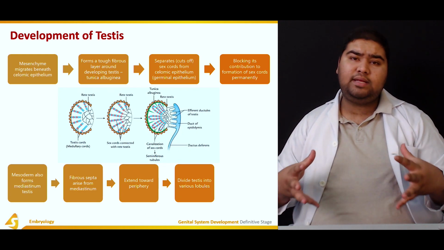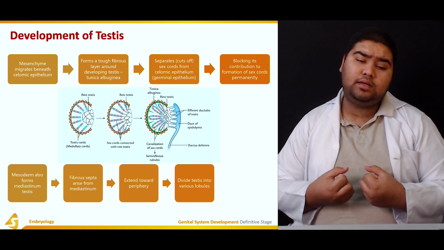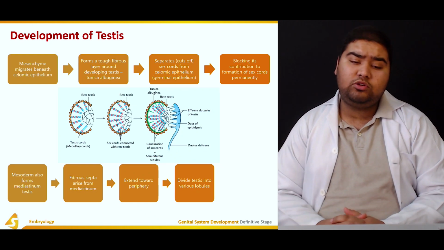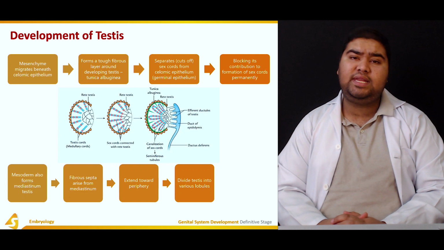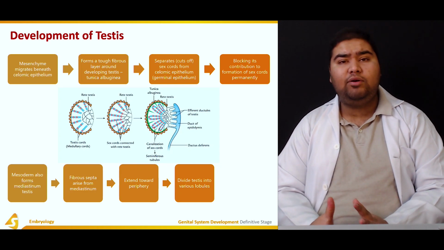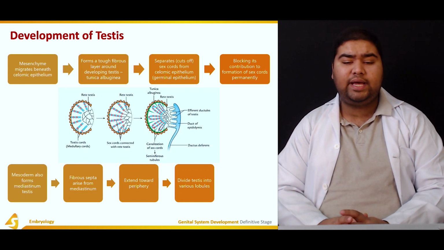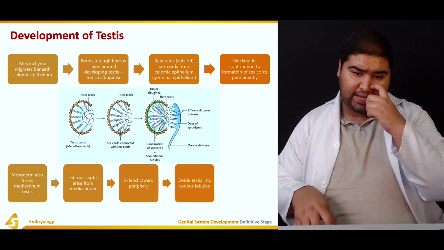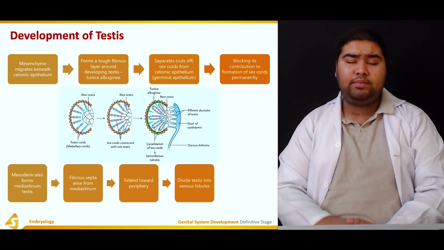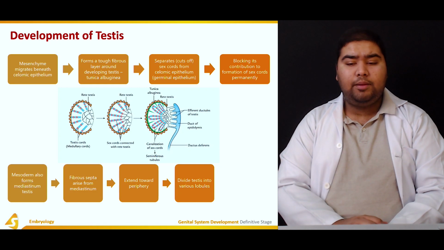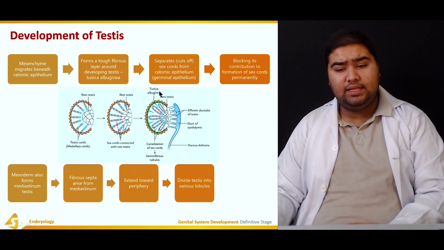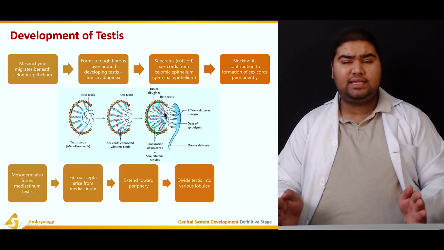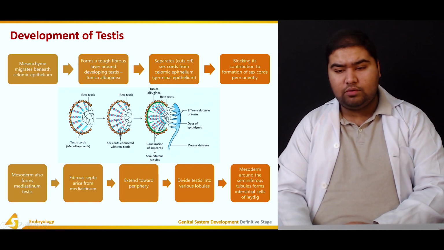So the mesoderm is also responsible for forming the mediastinum testes. And how is the mediastinum testes formed? By the fibrous septa, which arise from the mediastinum and extend towards the periphery. They divide the testes into various lobules.